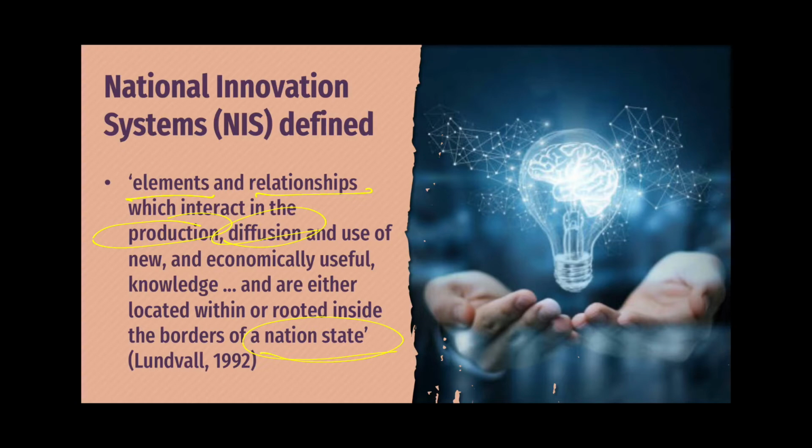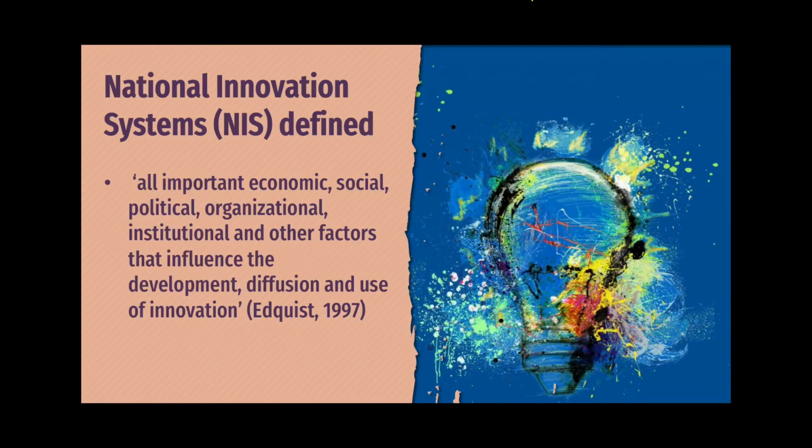It's being put out in the market, commercialized, or used by whoever needs it. Next, NIS is all-important economic, social, political, organizational, institutional, and other factors that influence development, diffusion, and use of innovation, according to Edquist. So this is similar to the first two NIS definitions.